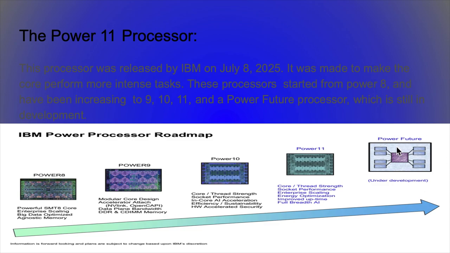And as you can see in this image here, there is a Power Future processor that is still under development. It's still being made. After the Power 11 processor, the Power Future processor is expected to be made, and that should have even more complex features than the Power 11 processor.